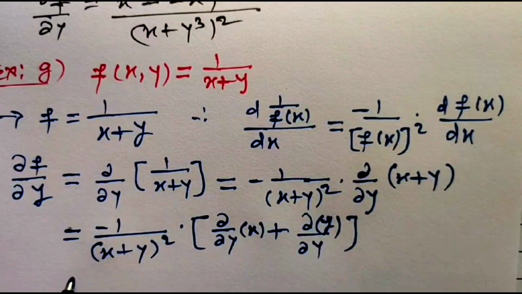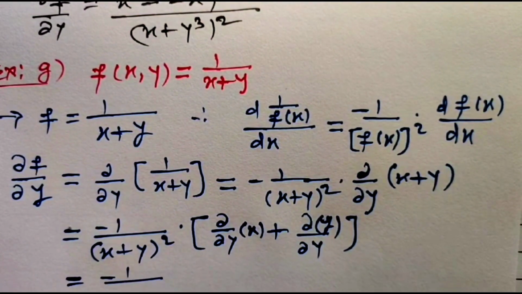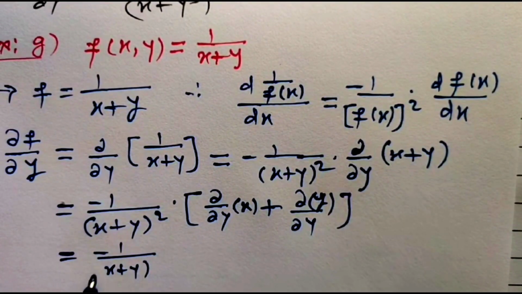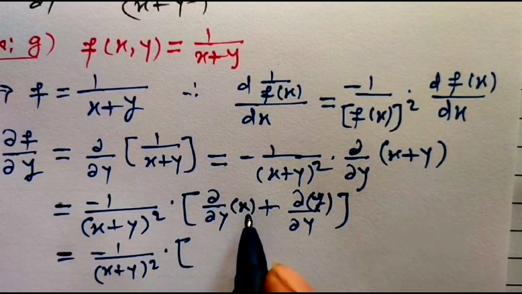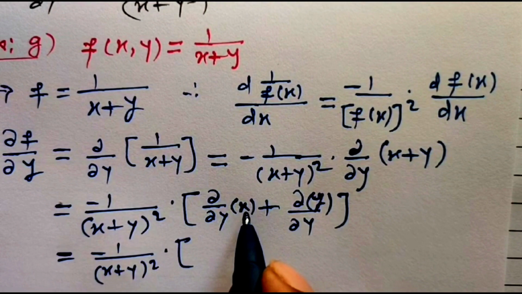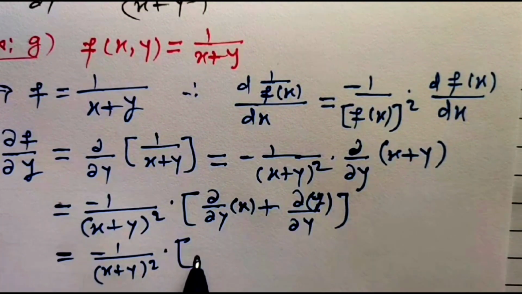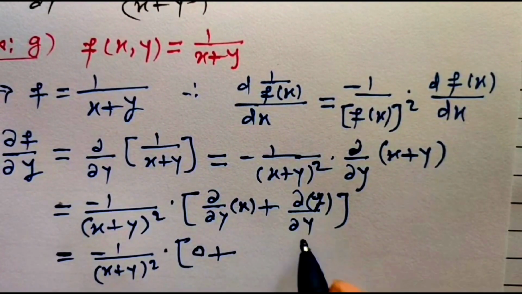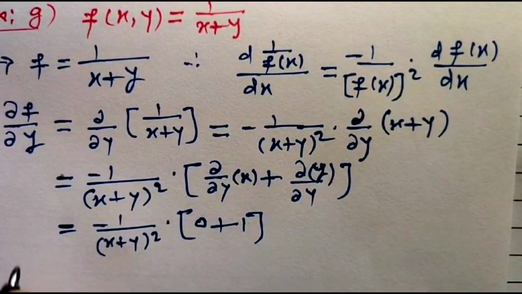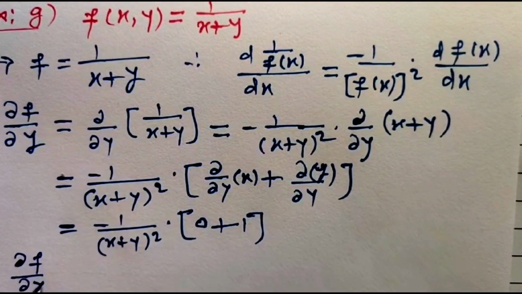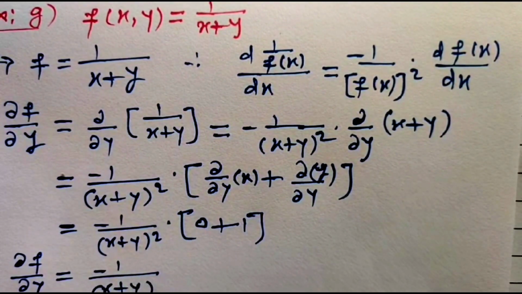Now we are differentiating with respect to y, considering x as constant, so x becomes constant, and you know the derivative of a constant is 0, plus dou y by dou y, that is 1. Hence the partial derivative of f with respect to y is equal to minus 1 upon (x plus y) its square.